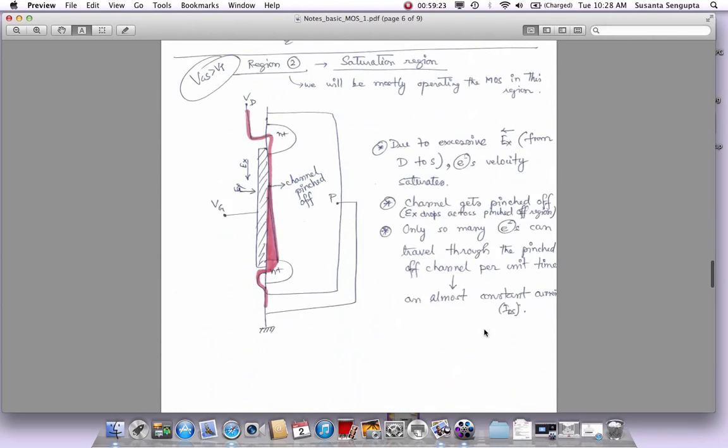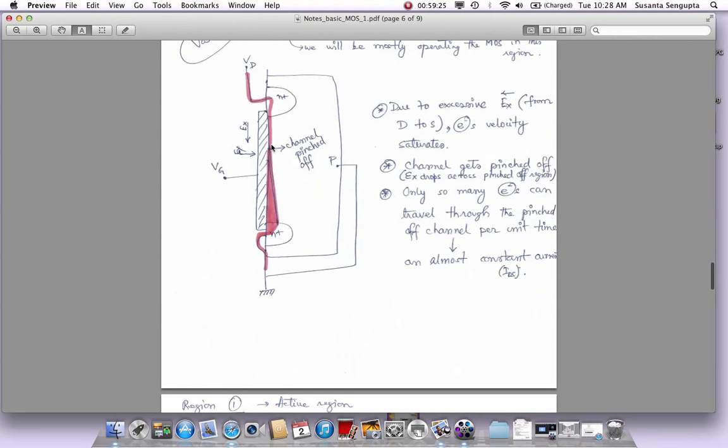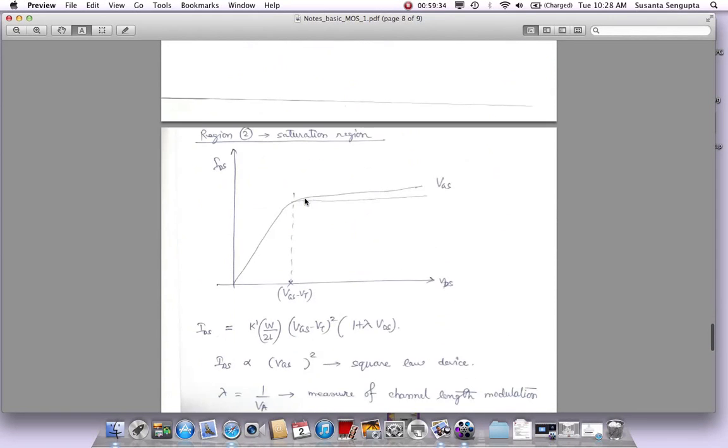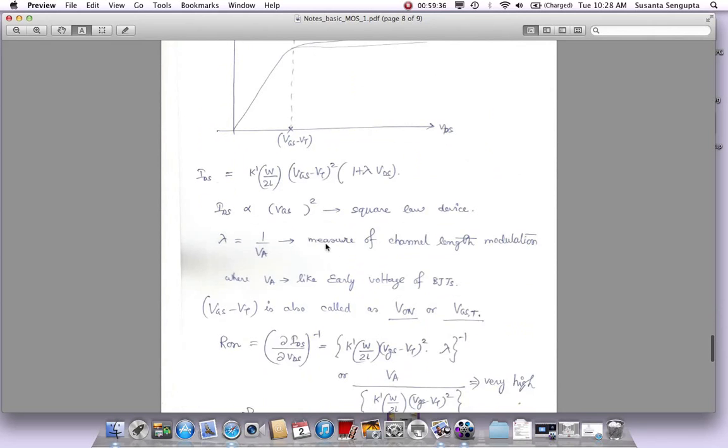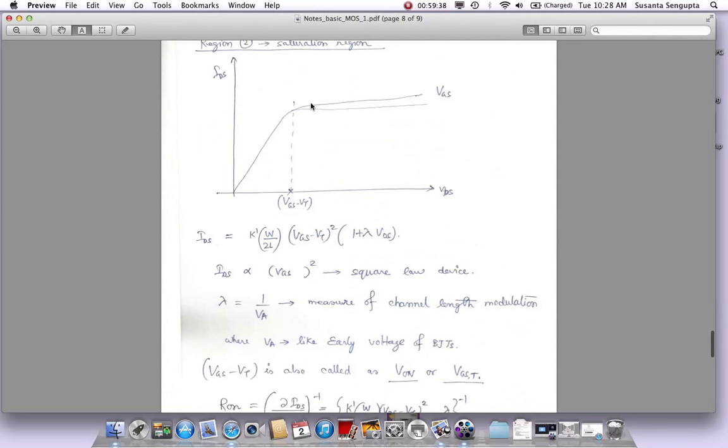So that little effect of VDS in this pinched off region, which also translates to slight changes in EX, is captured by this lambda, which is what we call the measure of channel length modulation. That is giving you the slope, how much the current is changing, even though it's supposed to be flat and constant because of the velocity saturation effect. That slope is given by lambda here.